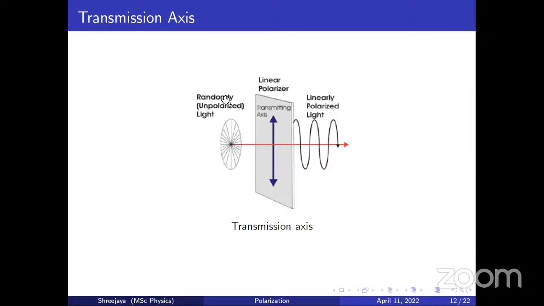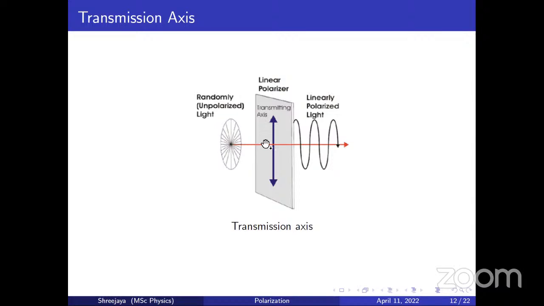Transmission axis. Basically, if this is a polarizer, then the transmission axis is defined as the axis of the polarizer or analyzer such that only the electric field component parallel to this axis will be transmitted and the rest is discarded or absorbed. So this is the unpolarized light going towards the polarizer, and if this is the transmission axis, then only the electric field component vertical to the propagation axis will be transmitted.